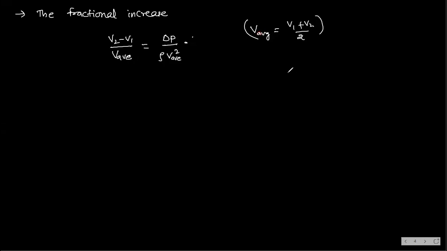How are you getting this? You just see we have one formula: delta P is equal to half rho V2 square minus V1 square.